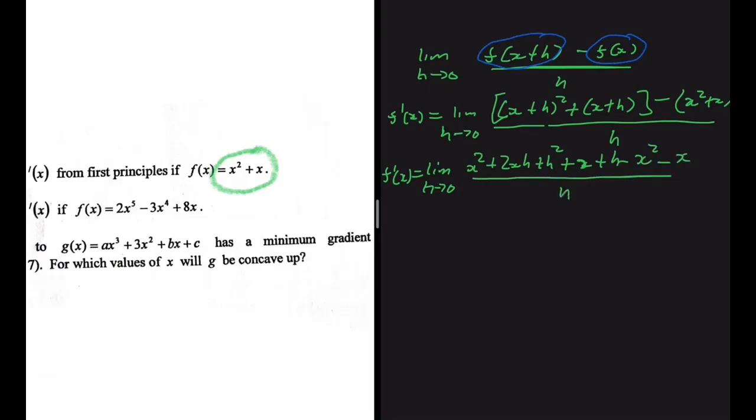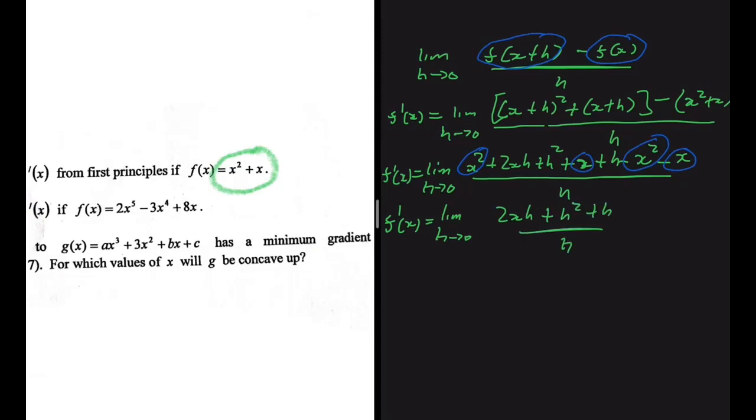It should be easy to see here now that x squared minus x squared is gone, right? And then we have x, and then we minus x, so that also disappears. So now we have f prime of x being equal to the limit as h tends to 0 of 2xh plus h squared plus h divided by h.